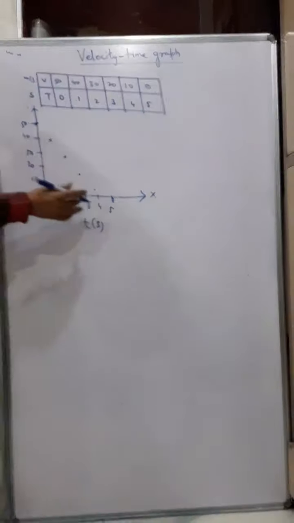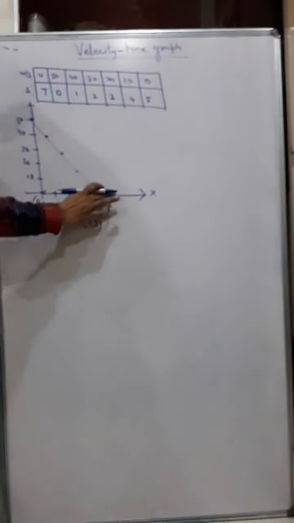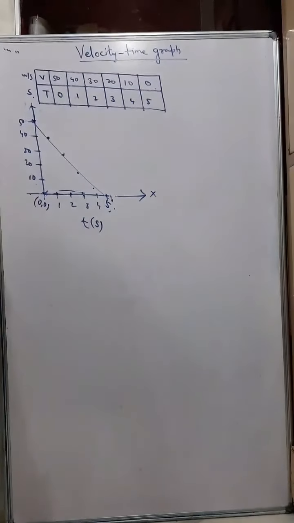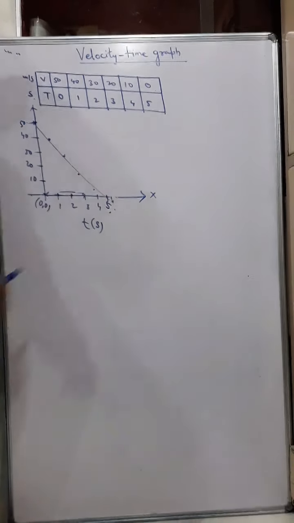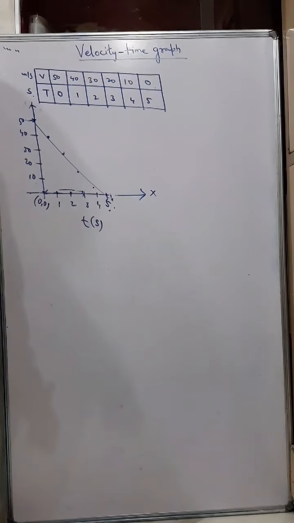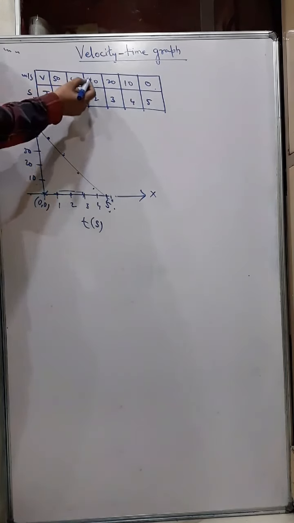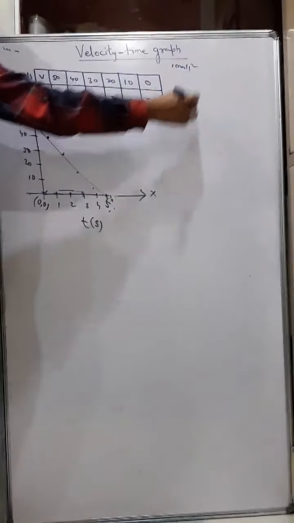Since I have drawn it freehand, you will get this graph. When you see the graph going downward like this, that means it is retardation. And in this case you can see the retardation is also uniform.